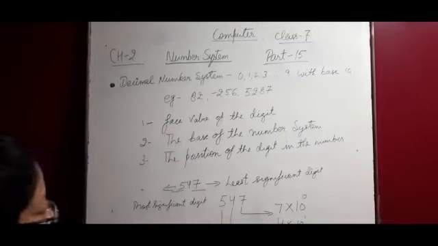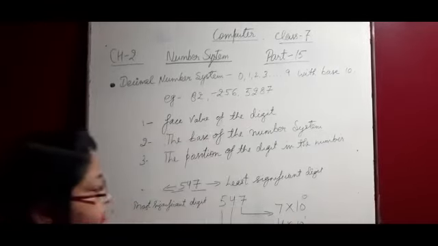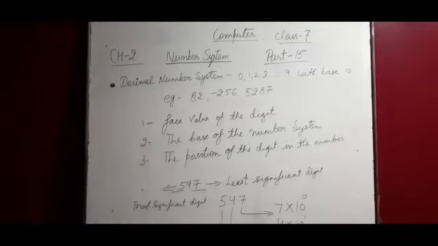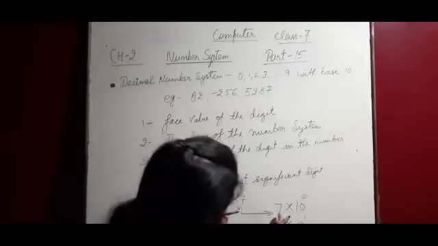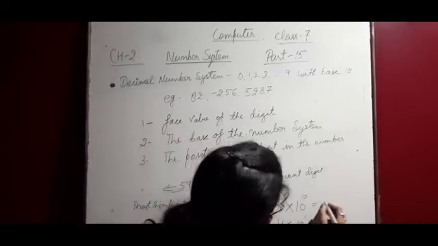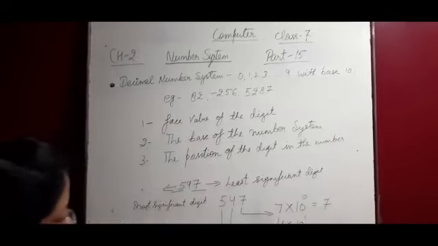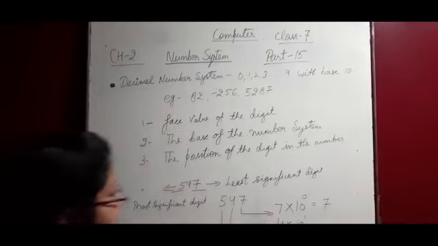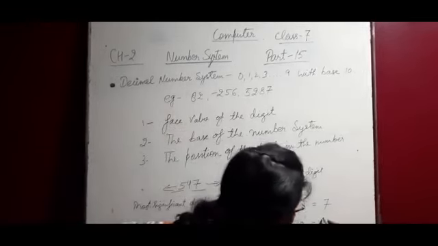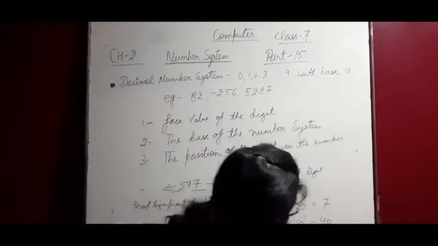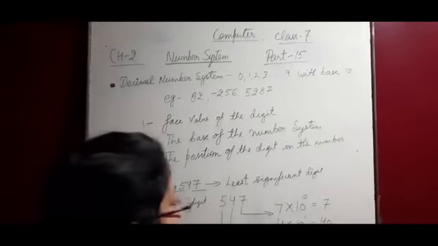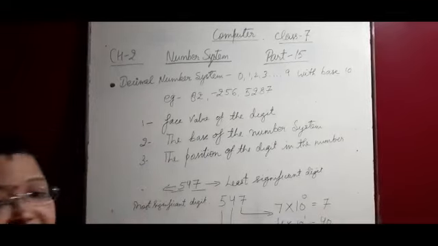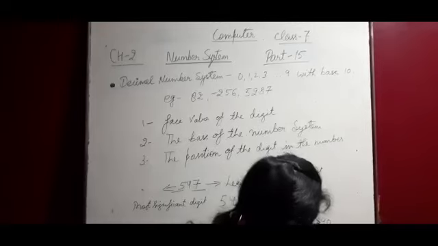Now we calculate. 10 raised to the power 0 is 1, and 7 into 1 is 7. 10 raised to the power 1 is 10, and 10 into 4 is 40. 10 raised to the power 2 means 10 tens are 100, and 100 into 5 is 500.